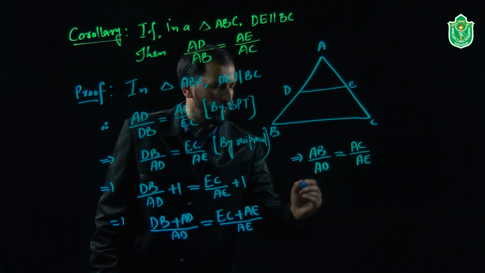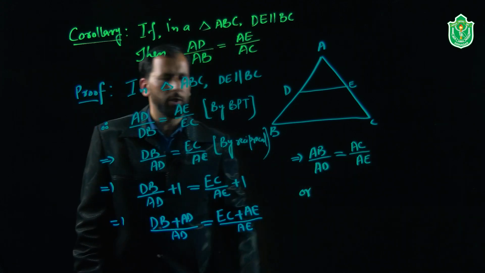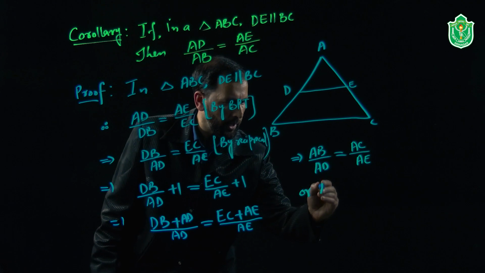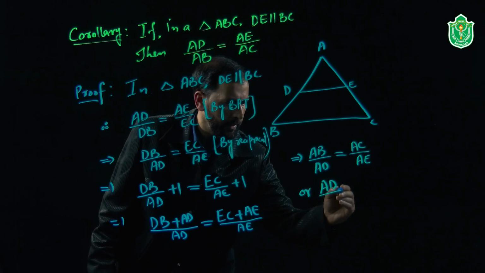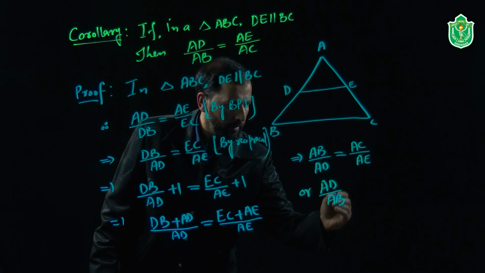Again, if we take the reciprocal on both sides, we can write AD by AB is equivalent to AE upon AC.